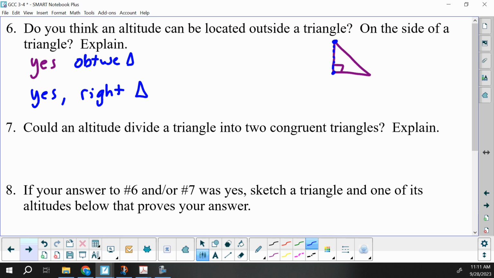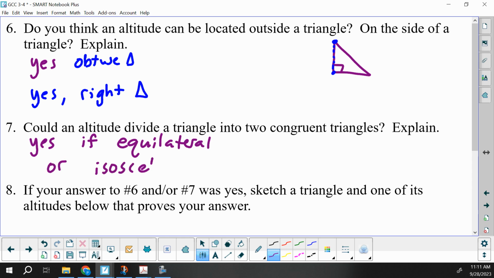Can the altitude divide your triangle into two congruent triangles? Well, it's the same idea with the median. This is going to be yes if it is equilateral or isosceles. And just so you can get a visual, here's our equilateral triangle roughly.